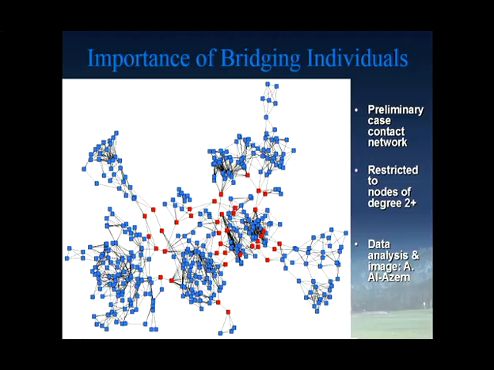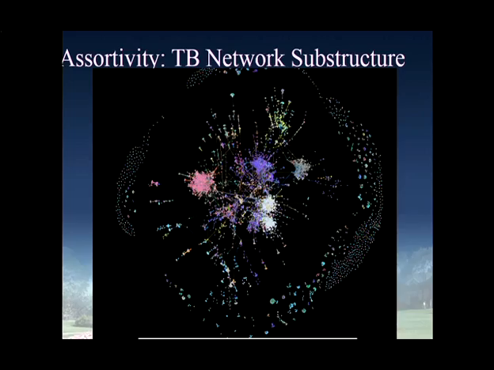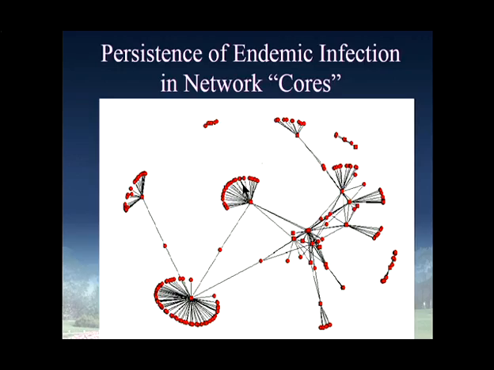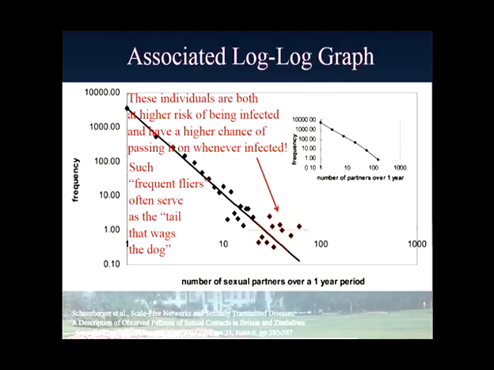We know for years the importance of bridging individuals, for example, within networks, bringing infection from one community to another, and the importance of certain network cores for sustaining infection that otherwise would have died out. The fact that, in some sense, the tail wags the dog, that just a small portion of a population, maybe it's the frequent flyers in an STI clinic, maybe it's the frequent flyers who come to emergency rooms.